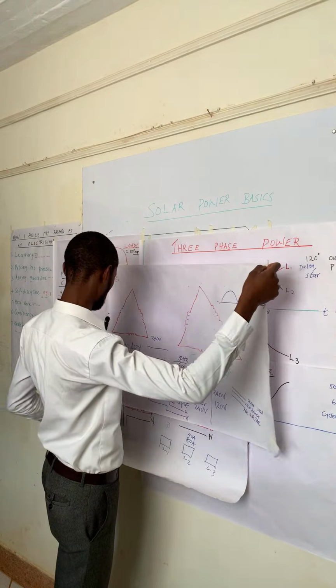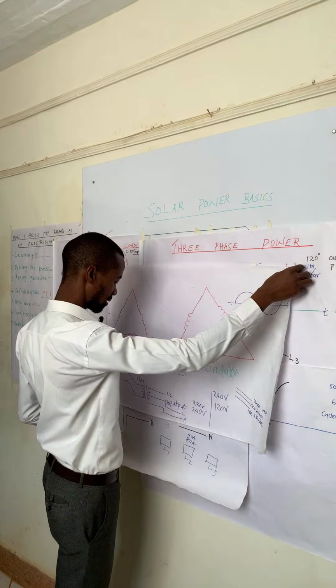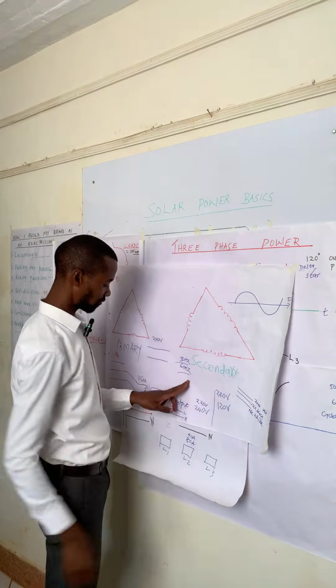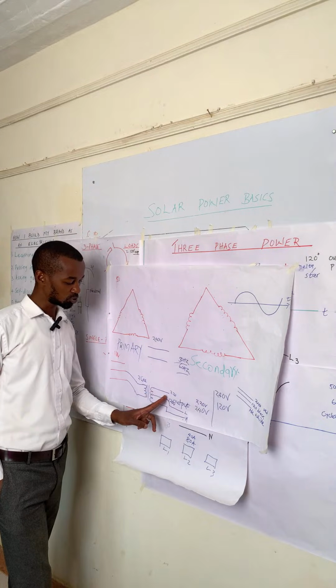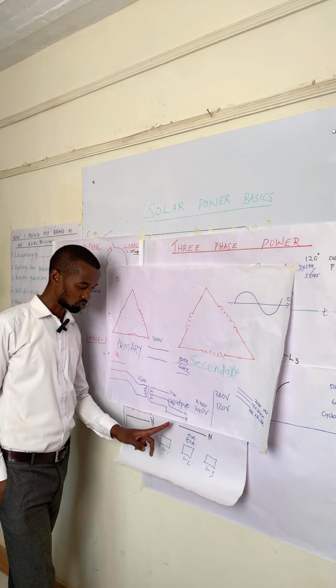Now, those are cycles that we've talked about. And last but not least, on single phase transformer, we only have the output, which is a line and a neutral.